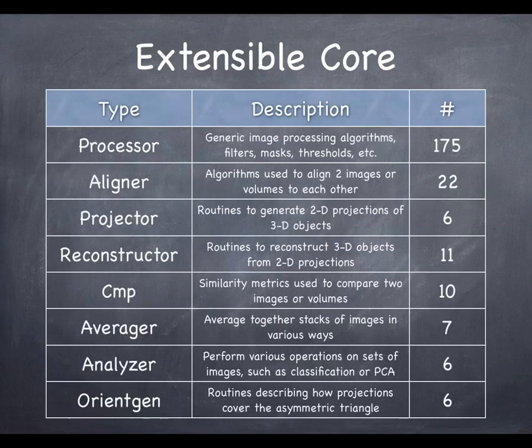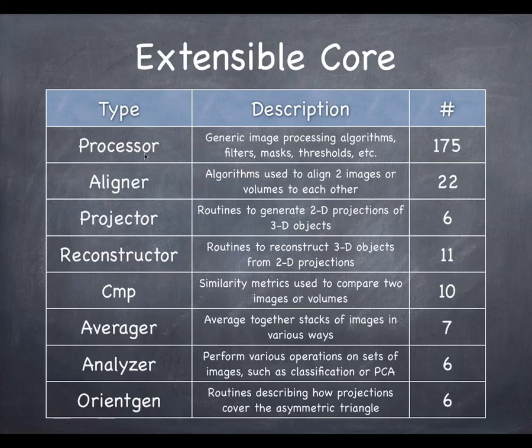All right. Now, one of the keys to the way EMAN2 is assembled is it has these sets of modular classes internally. So for various types of operations that you might want to perform with these images, it has categories of routines.